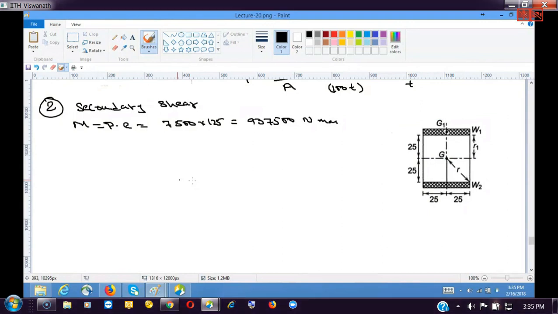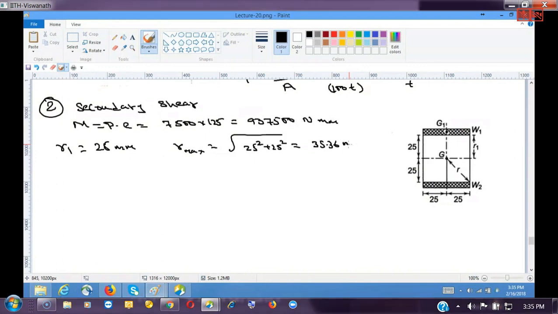This is your R or R max, whatever you would like to call it. Then our J is equal to A times (L square by 12 plus R1 square). This is for J1, and this is J2.